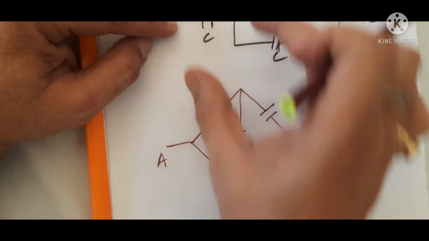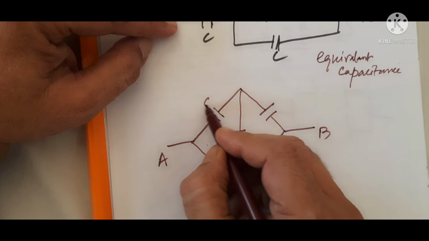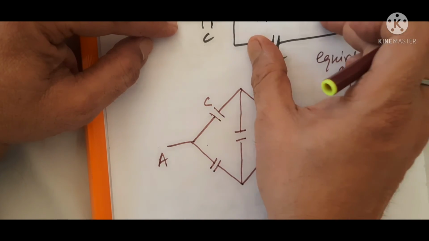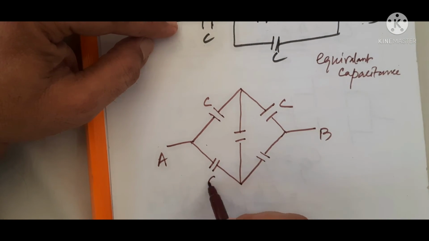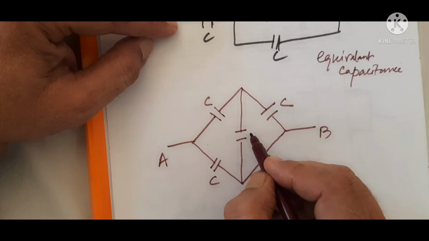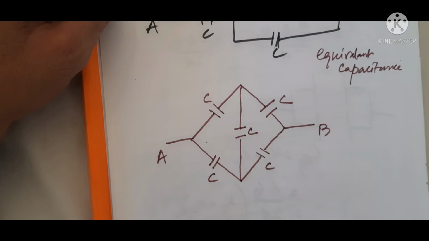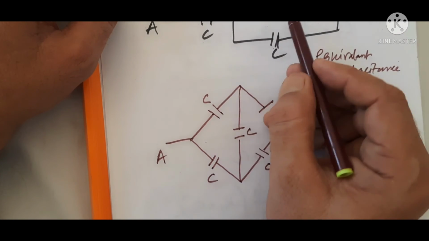These two are here, C. ये दोनों को stretch करेंगे तो यहाँ पर ये आ गया C. ये बीच वाला है C. Like that, we have not disconnected any point, any joint.